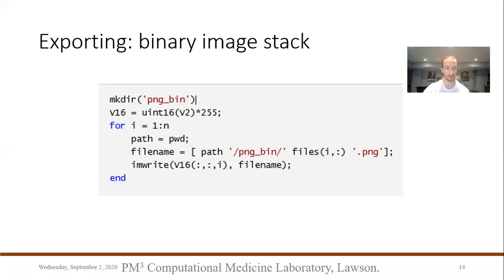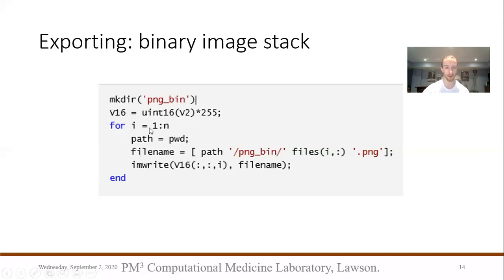I'm converting it to a uint16, which is basically each voxel is going to have a value between 0 and 255. And then I'm multiplying it by 255. So each voxel is going to either be 0 or 255, and so it'll be black or white.